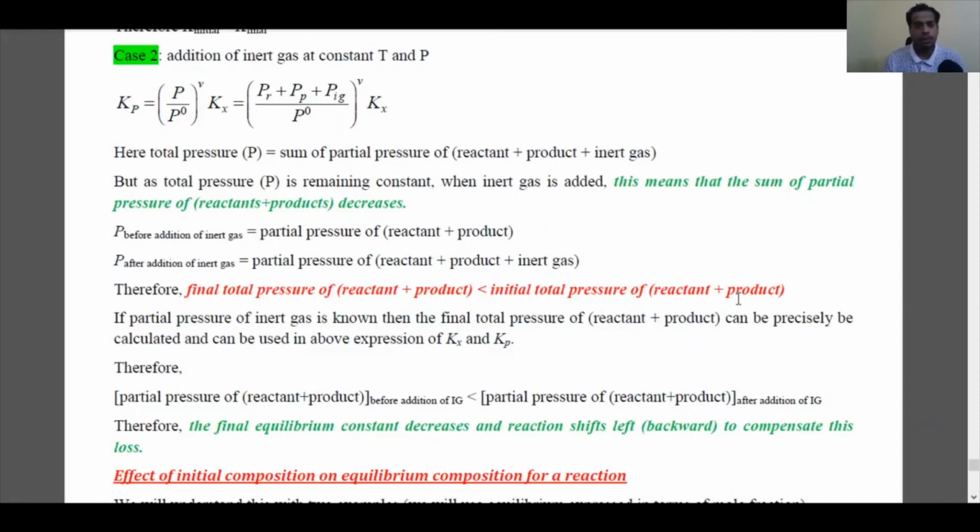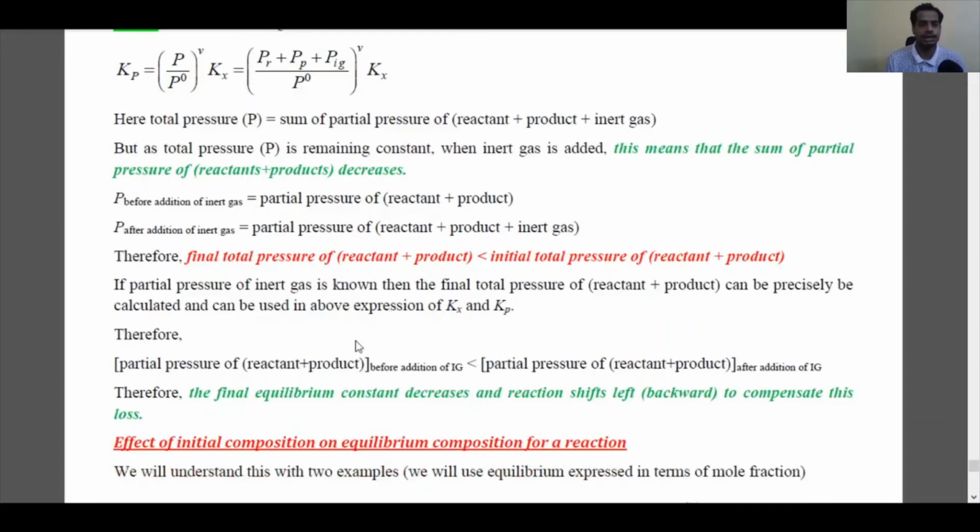So the important point to note is that the pressure of reactant and product after addition of inert gas is less than before addition of inert gas. If the partial pressure of inert gas is known, then we can find the final total pressure and use this expression. That's what this statement says.